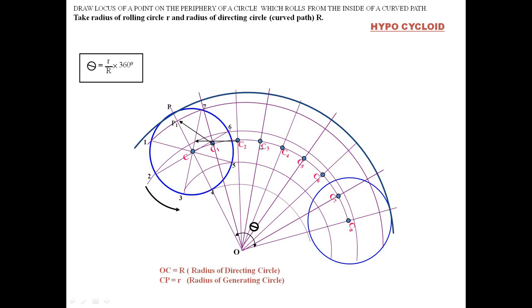Now we'll take the same radius, and the center will be C3. It will cut the arc from point number 3. So this will be P3.